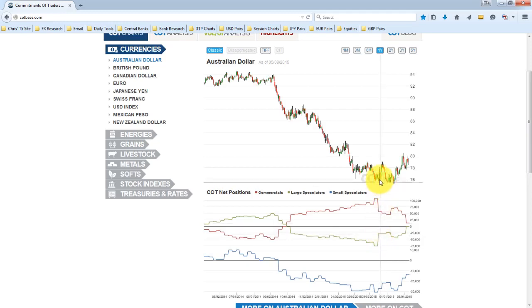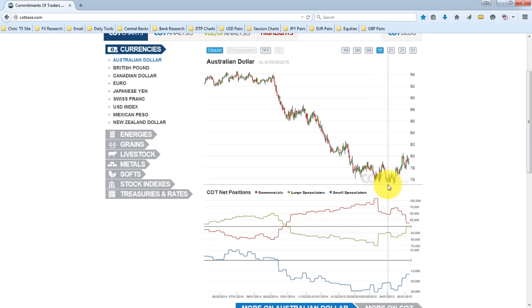Now, after price moved up and made this high, we did see another low in the market. So the market again sold off here, and this is my favorite thing to look for on the COT charts. Okay, price making a new low, but look at the large specs. We had a new price extreme here in the Australian dollar.